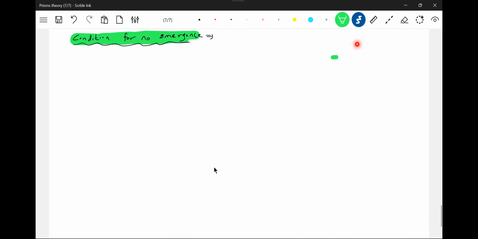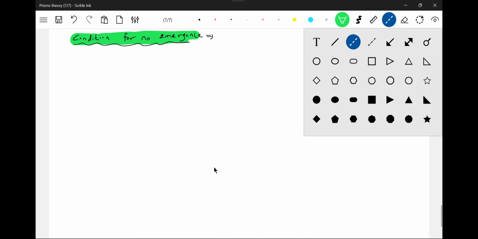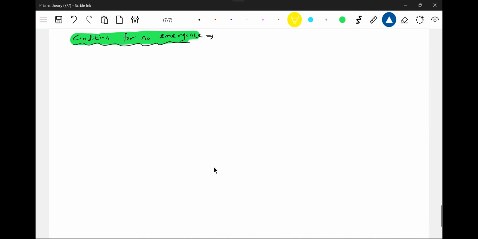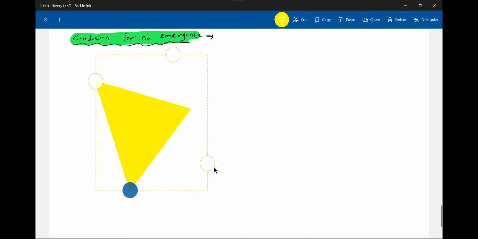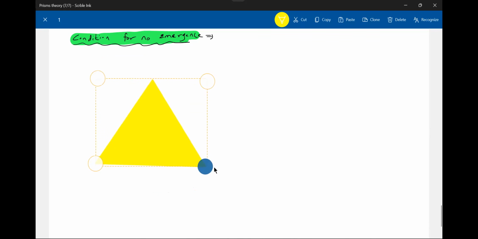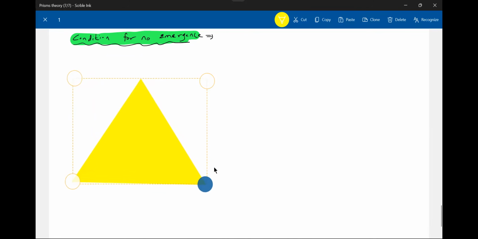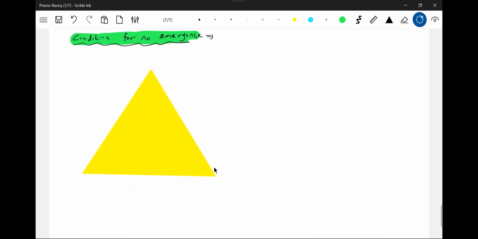Suppose we have a prism. If this is a prism, the ray for any angle of incidence. I'll first draw the diagram, then you will understand what I am trying to explain.